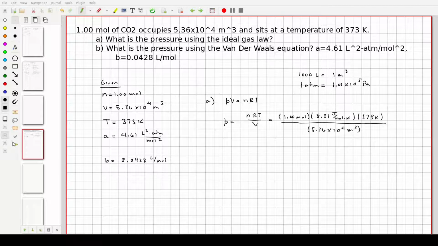So it is 8.31 times 373 divided by 5.36 times 10 to the fourth.